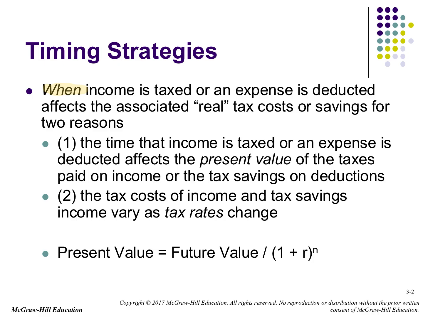Additionally, the taxes paid on income and tax savings we get from deductions can vary as tax rates change. So the rate could be 20% in 1 year and then 25% the next year.